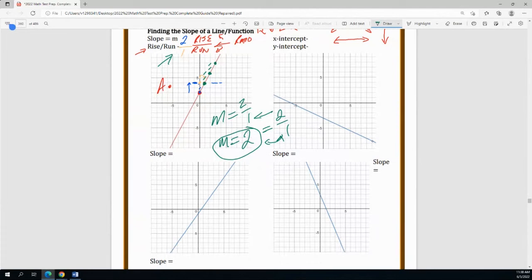Look at the next one. Again, the first job is to find a spot on the line where it crisscrosses through the coordinate grid, where it goes right through the center. And it could be anywhere along that line. And I see one right now. Okay. Now, that's my first point.